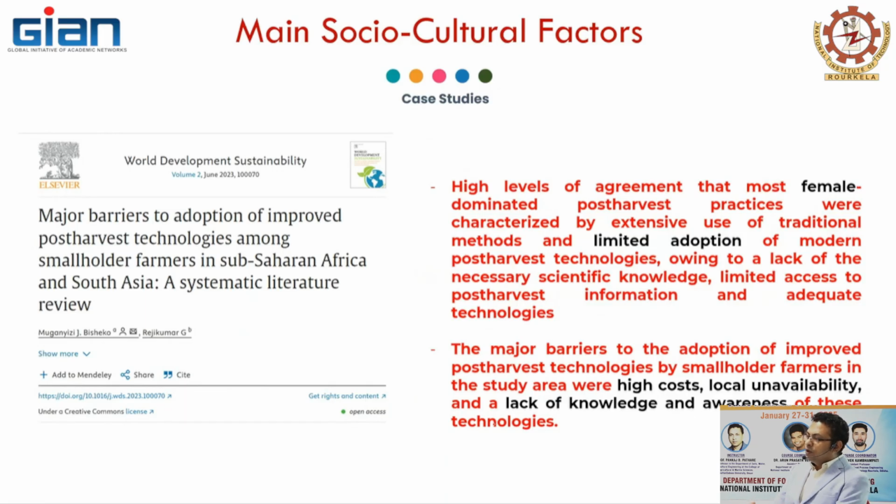And another barrier here is cost, local unavailability, and lack of knowledge. Local unavailability of some techniques: now we read papers and articles and find that we have some good technology where we can store bananas with proper utility management linked with controlled atmosphere. But the machinery is developed in some European parts, and bringing it from there may be quite expensive.